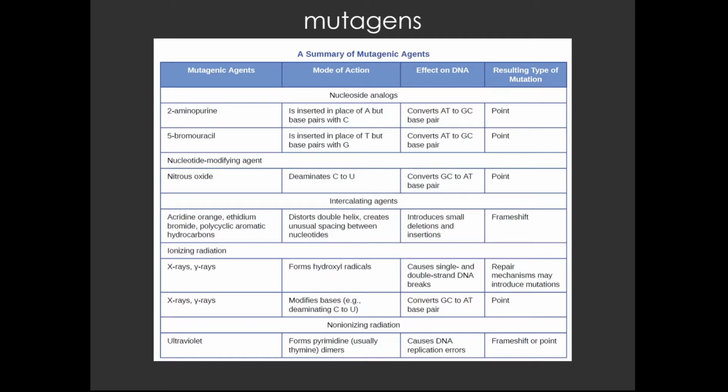Intercalating agents, which get into the space of the DNA helix and cause spacing issues between the nucleotides, which can cause frame shift mutations. And of course, we've talked about ionizing and non-ionizing radiation, which causes damage either directly or indirectly to DNA molecules from previous lectures.